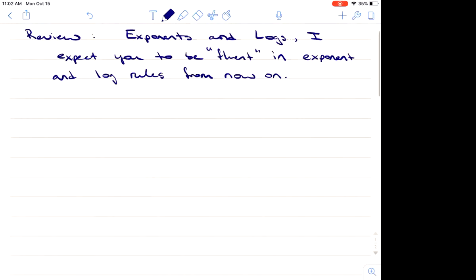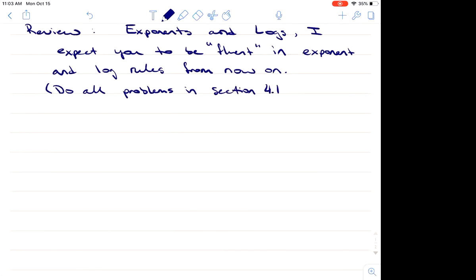Do all problems in section 4.1. Smiley face.